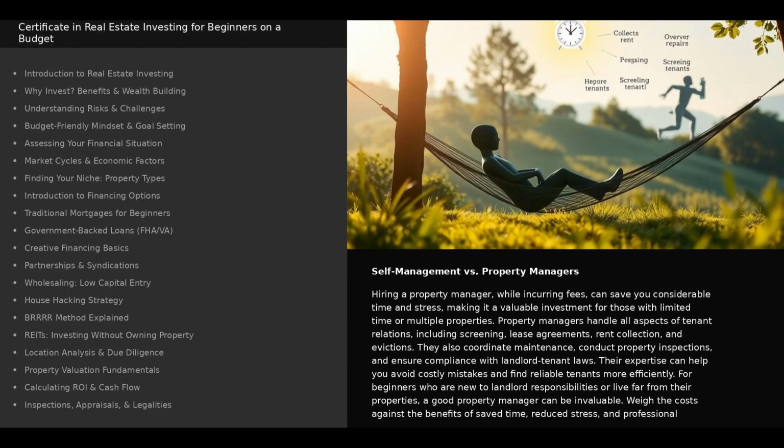For beginners who are new to landlord responsibilities or live far from their properties, a good property manager can be invaluable. Weigh the costs against the benefits of saved time, reduced stress, and professional expertise to determine the best approach for your investment strategy and lifestyle. It's a trade-off between direct control and delegated responsibility.